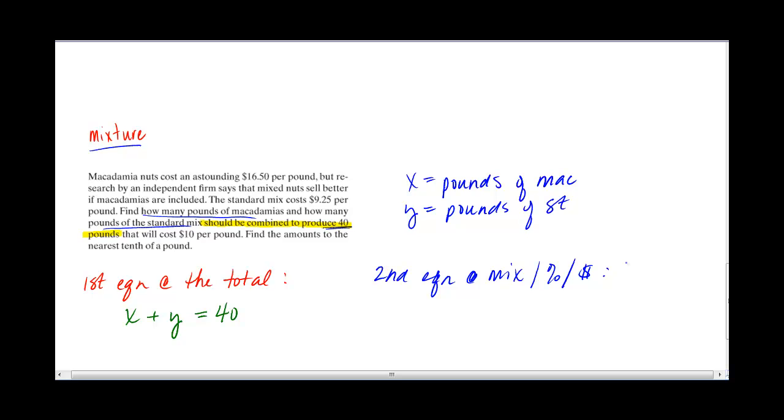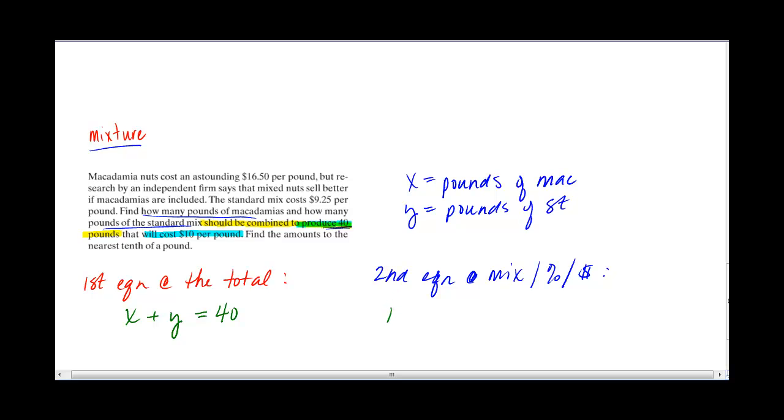So this last part right here says, how much of each pound of macadamias and standards should I combine with 40 pounds that's going to cost $10 per pound? Okay, so let's go back and see if we can write this one out. I know that this second equation for this case is going to be about the money.